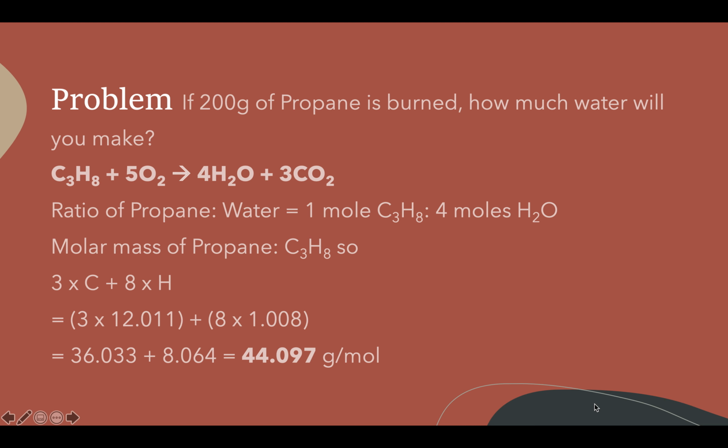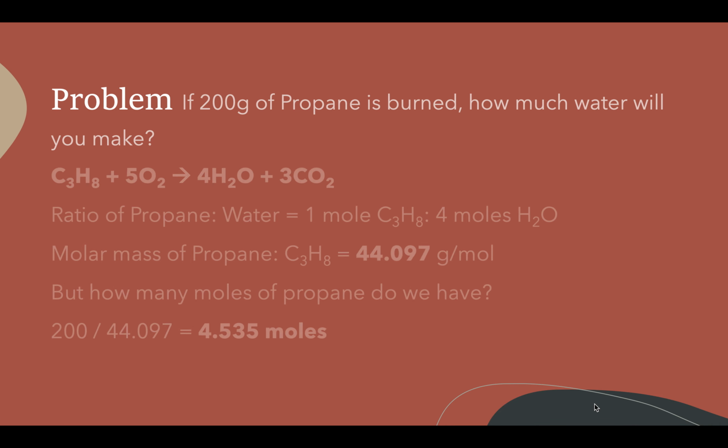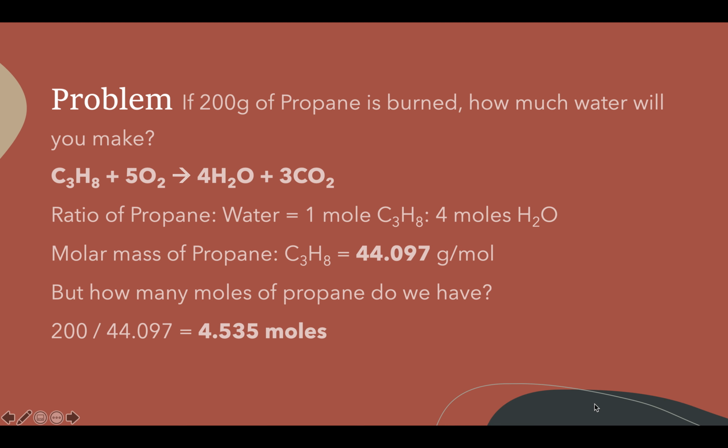Well, 50 times 4 is 200, so we're going to have a little bit more than 4. But let's do the maths. We take 200 and we divide that by 44.097. And 200 divided by 44.097 means we have 4.535 moles. So we take the amount that we have in grams, we divide that by the molar mass of 1 mole, and you get 4.535 moles.